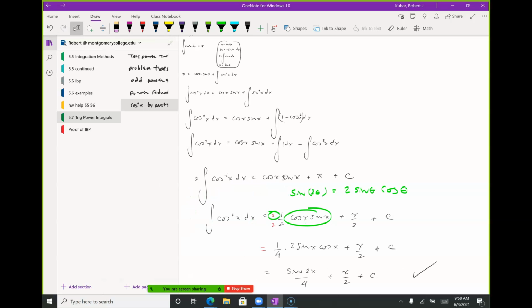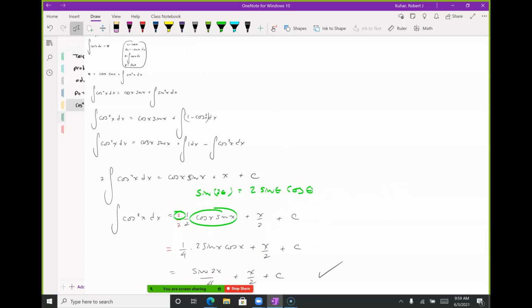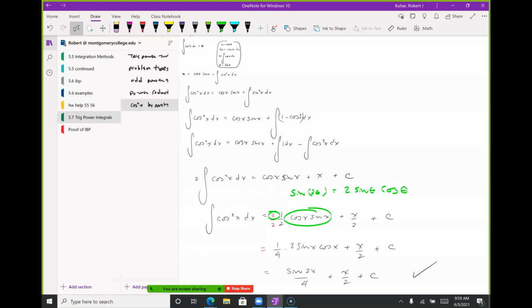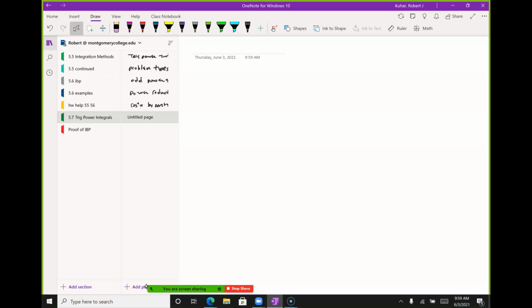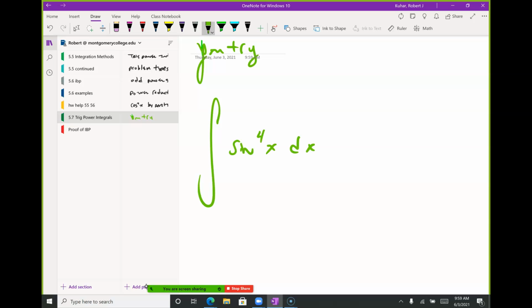Let's do one more, and please try this one on your own. Not the one I want you to try on your own. So this is a you-try with a power reduction. You try that one with the power reduction.